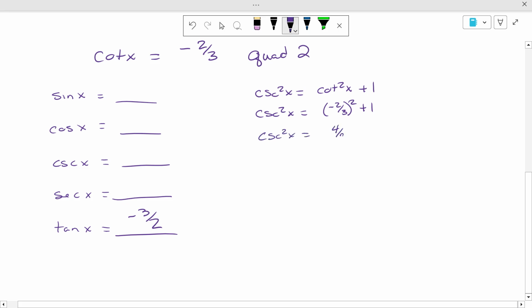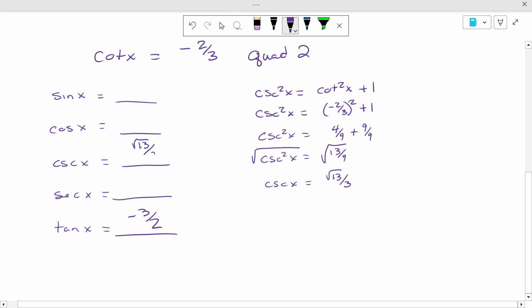So we get 4/9 plus 1. 1 is the same as how many ninths? 9/9. So it's really 4/9 plus 9/9, which is 13/9. But that's cosecant squared. I want cosecant. So I take the square root of each side. Cosecant of x equals the square root of 13 over 3.